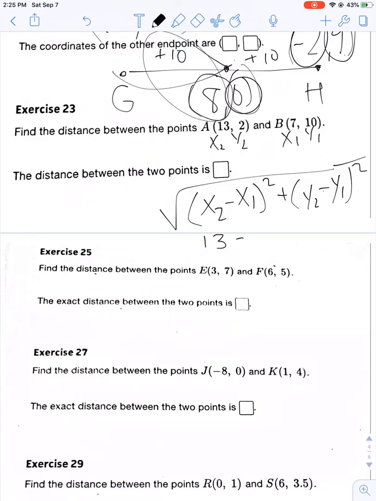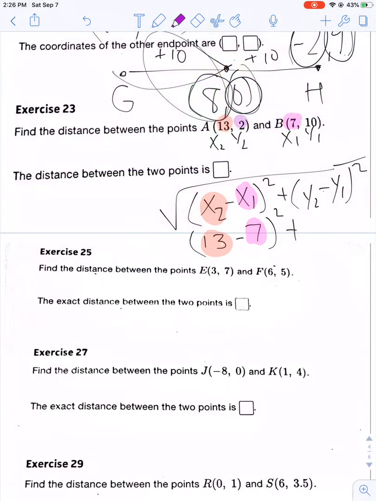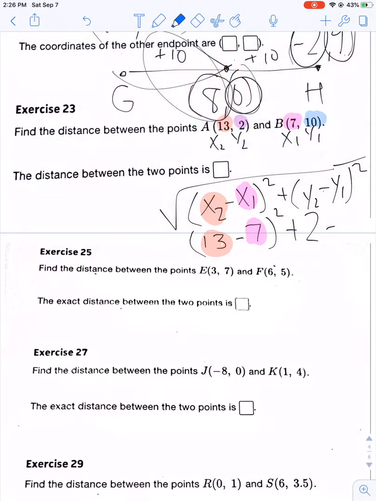So 13 minus 7. Let's color code this. Plus y2, which is 2, minus y1, which is 10.